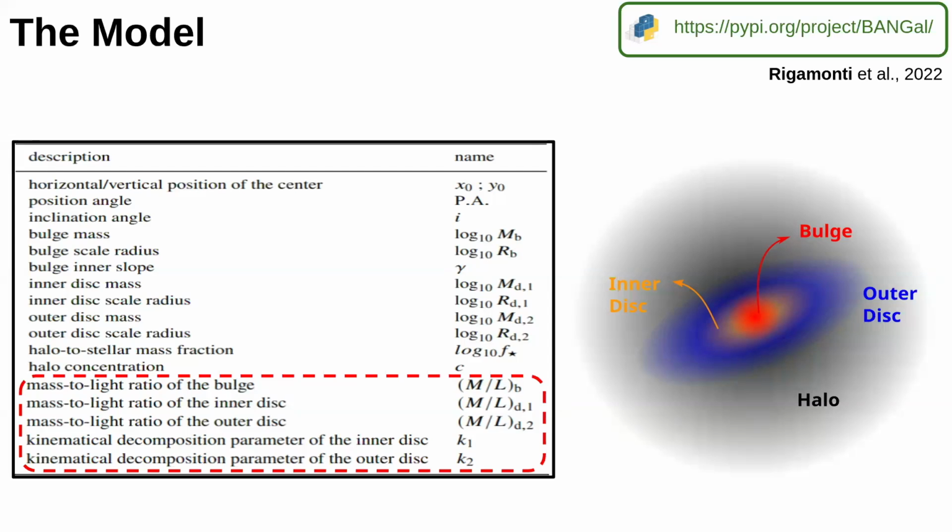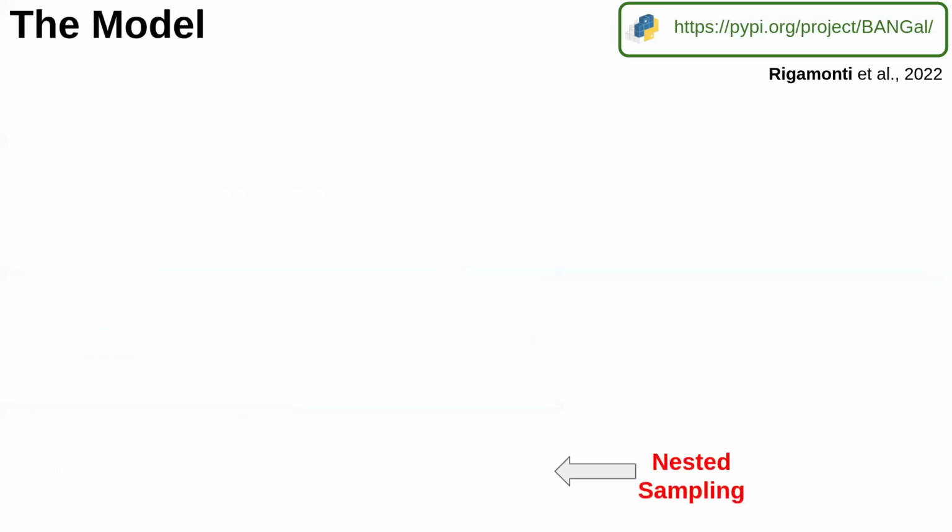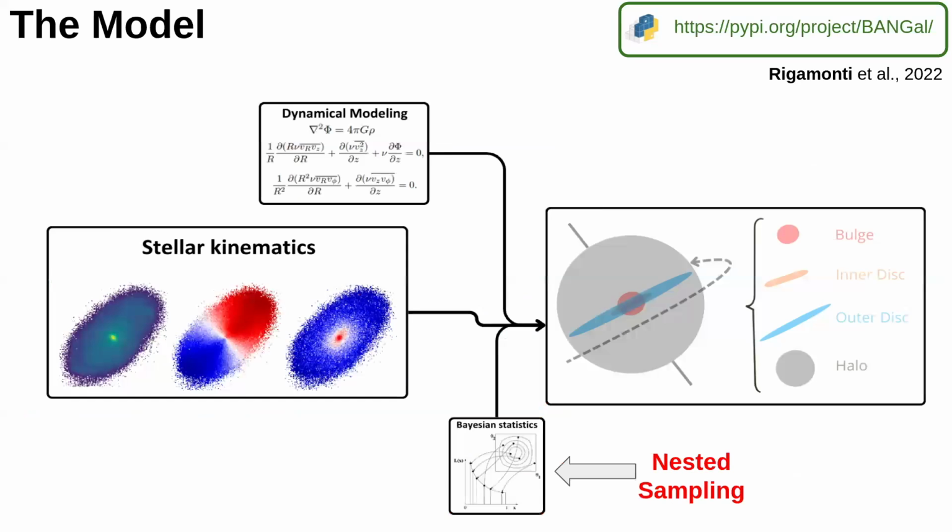So now these are all the free parameters of the model. Any kind of simple minimization algorithm would fail in determining them while fitting the data. So we opted for a Bayesian approach. In particular, we chose the nested sampling algorithm. I'm not going to enter into detail, but one of the key points is that it doesn't require a predefined number of iterations to converge.